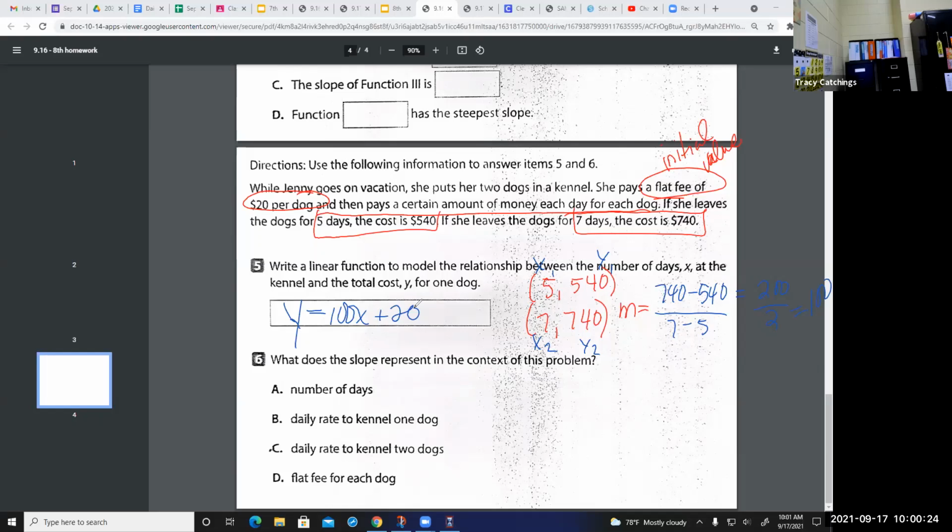And then the second part of that said, what does the slope represent in this context? What's that slope meaning in this problem? $2? I thought we got that. That would have been the initial value.